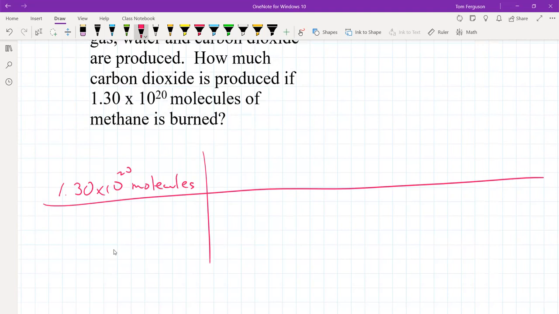I use railroad tracks all the time. You can use parentheses if you want. If you've learned from a past chemistry class where you're using parentheses, that's fine too. Doesn't matter. For me, it's just less strokes.